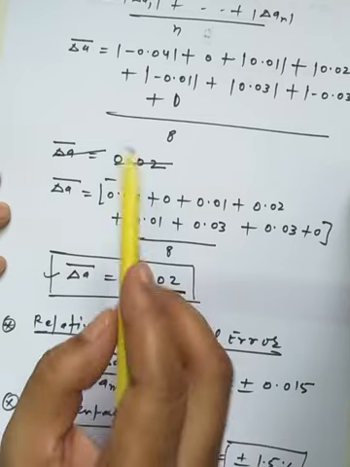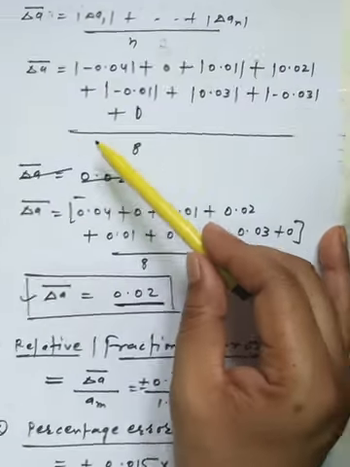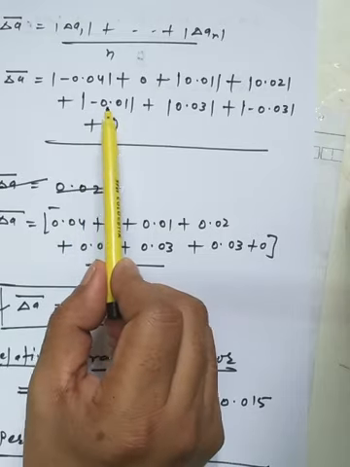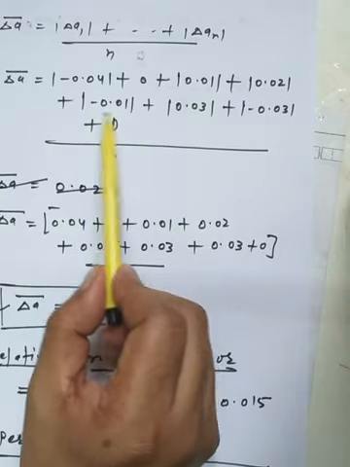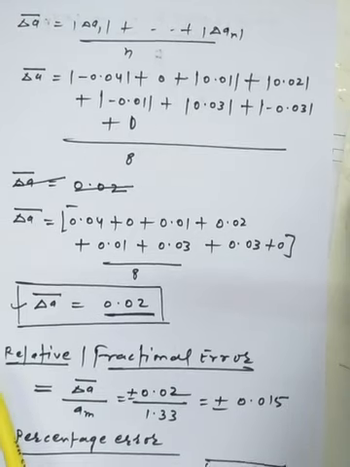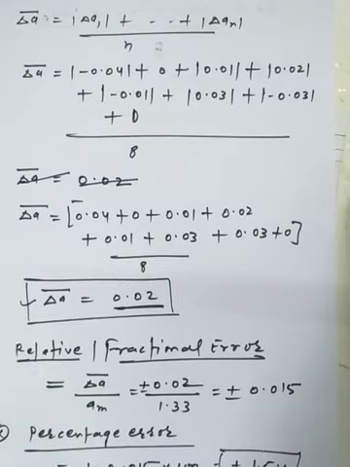Here you must pay attention whenever you are calculating the individual absolute error. If there is a negative sign, you must remove it and always take the addition sign, so you get the mean absolute error. Then we get the fractional error.